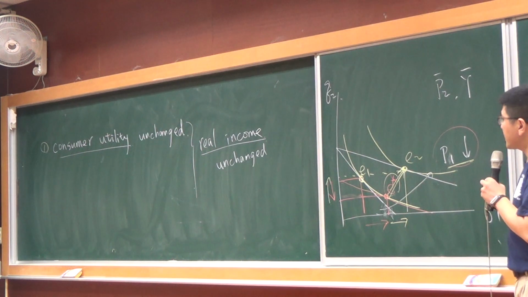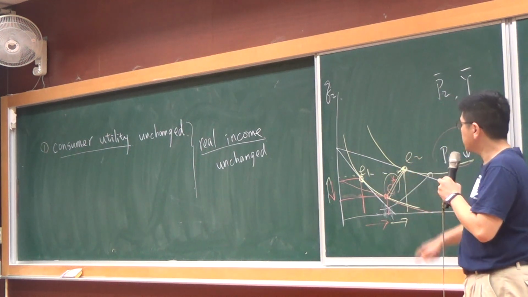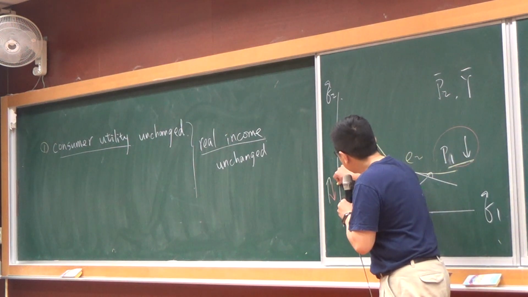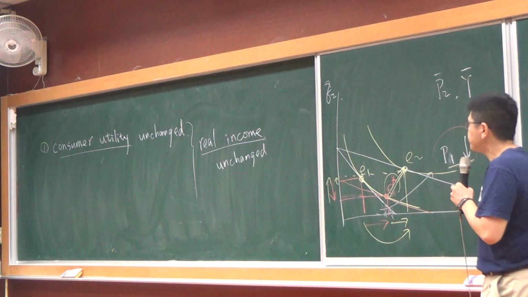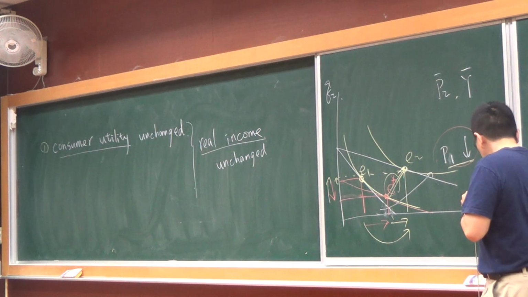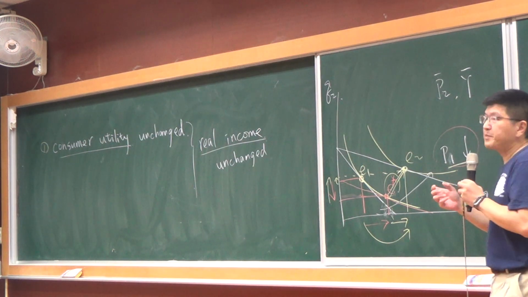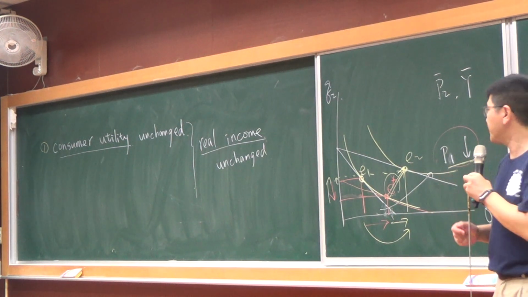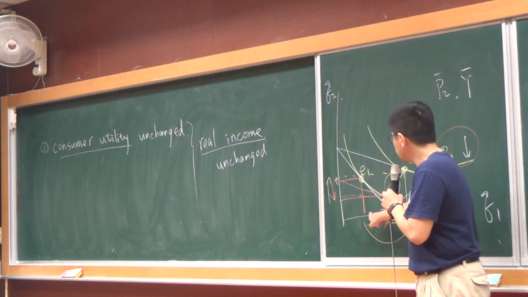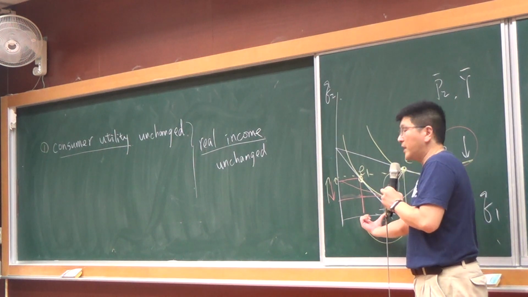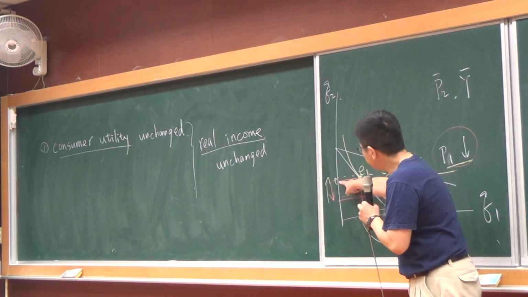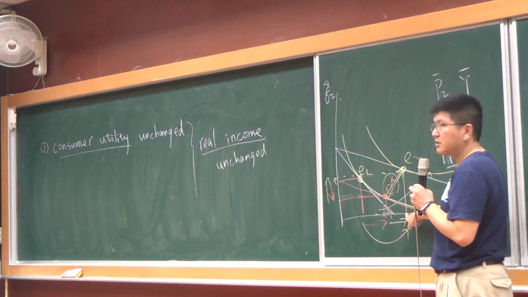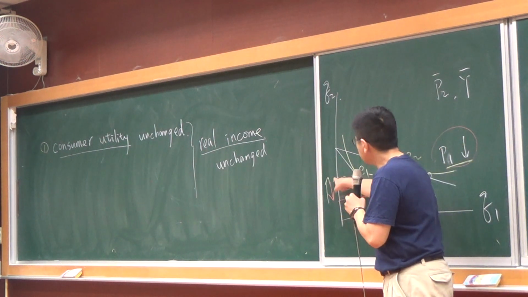So the price effect from E1 to E2, the price effect on good 1 and the price effect on good 2, can be decomposed into substitution effect and income effect. So the substitution effect on good 1, the substitution effect on good 2, the income effect on good 1 and the income effect on good 2.